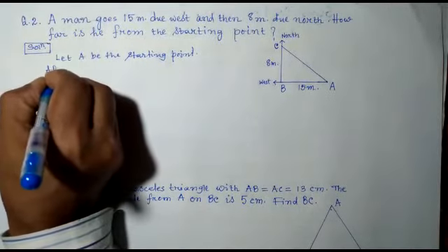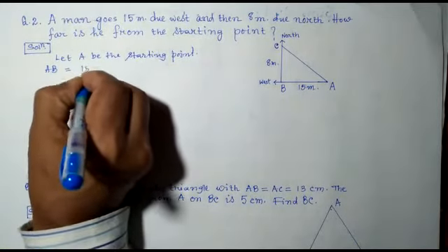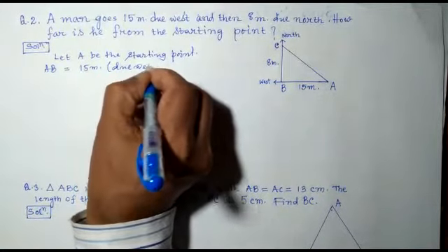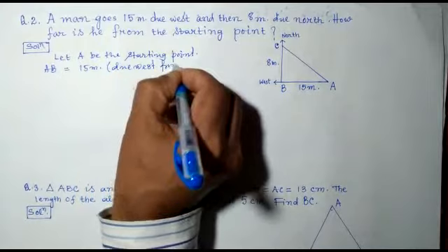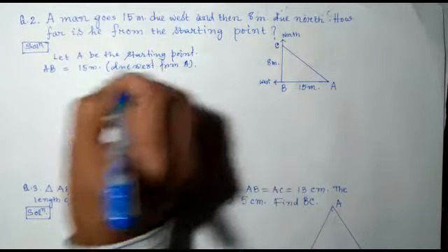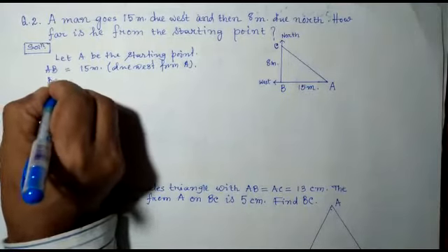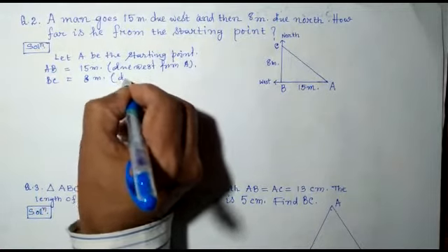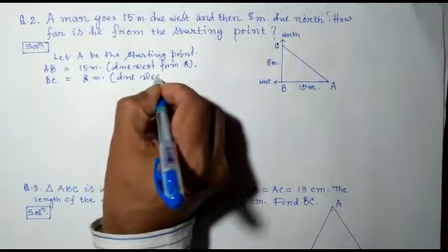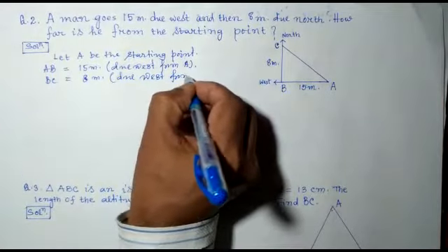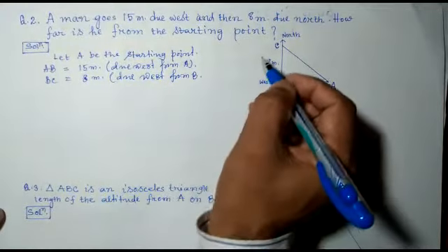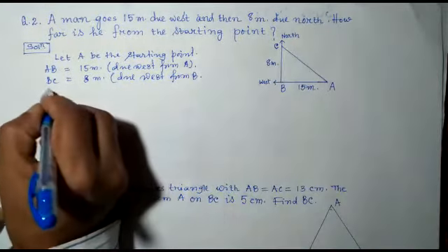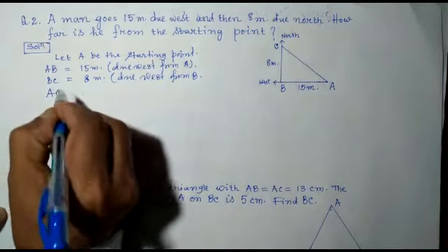AB is equal to 15 meter, it is due west from A, and BC is equal to 8 meter, that is due north from B. So the final position of the man is C. So the distance between A and C is the distance we have to measure.